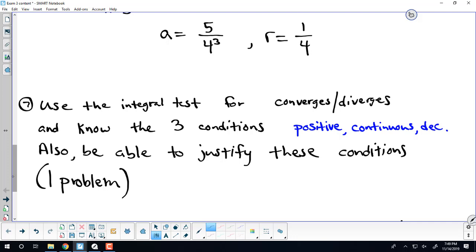Those kinds of things aren't as straightforward as saying 1 over k squared compared to 1 over k plus 1 squared, where this is clearly smaller than this. In situations like this, you need to justify that it's decreasing. You have to be pretty thorough, or just use the derivative, the first derivative test.